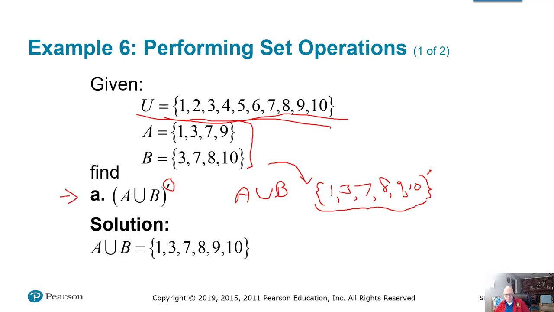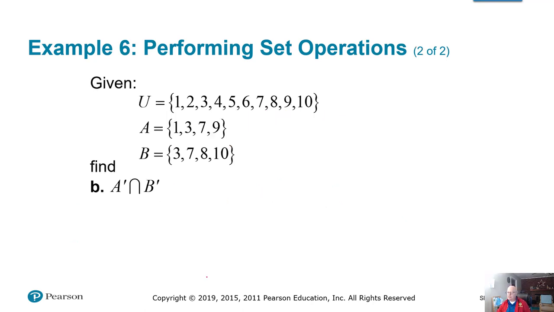What's left? 1, 3, 7, 8, 9, 10. Okay, that's the union. So that's the first part. Part number 1. And you take the complement. What's left out of the universal set is 2, 4, 5, and 6.